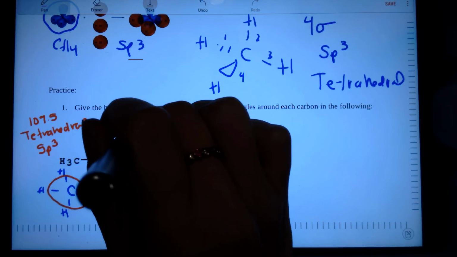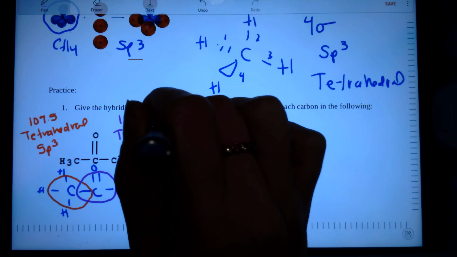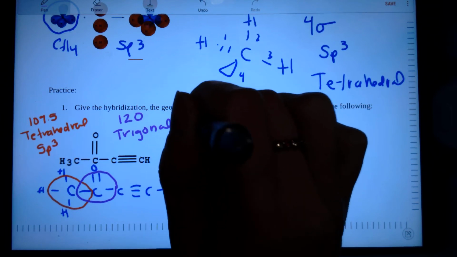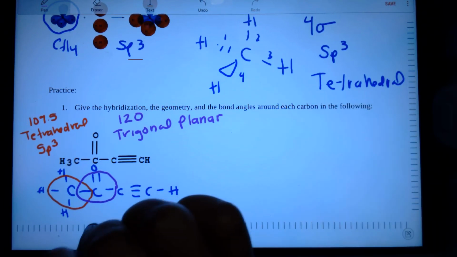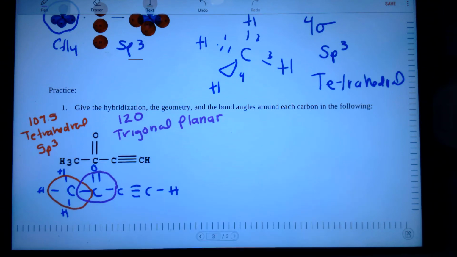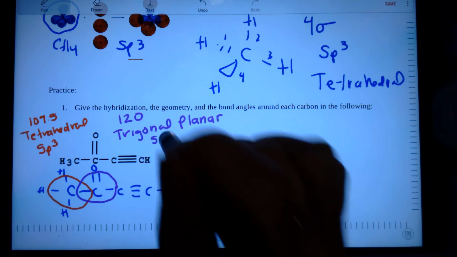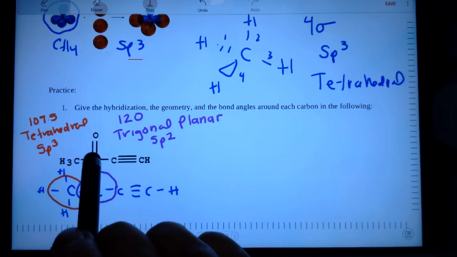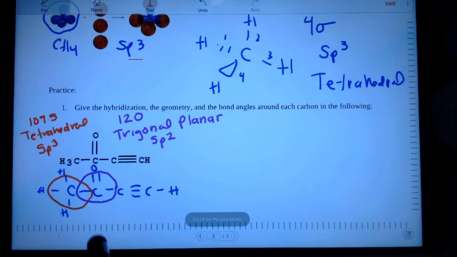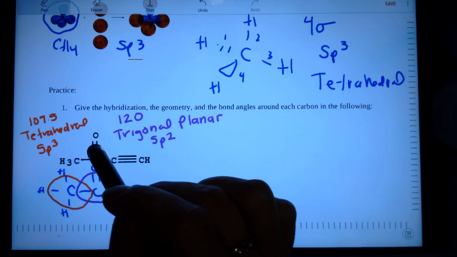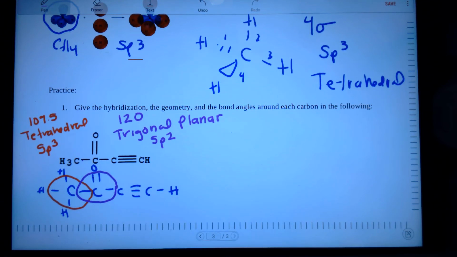It's trigonal planar. And to be trigonal planar with 120-degree bond angles, the hybridization has to be sp2. So we have formed 1, 2, 3 hybrid orbitals, and we've left 1 p orbital behind to form that double bond there.